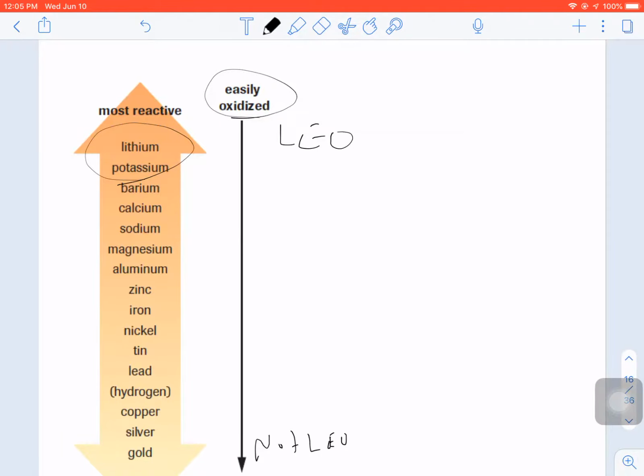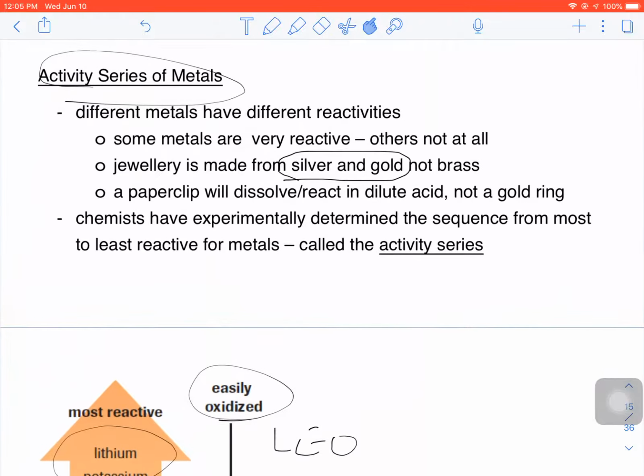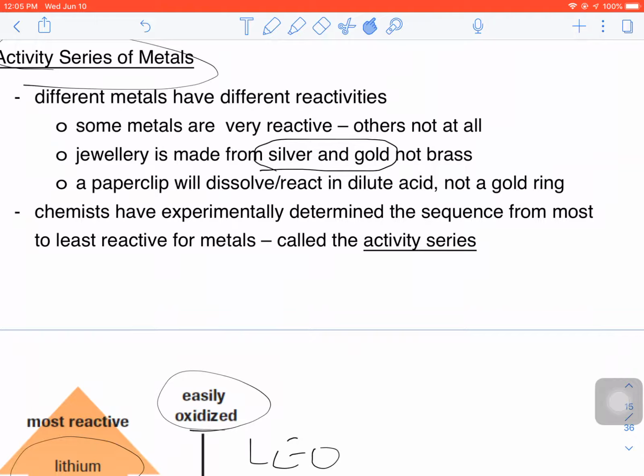So, like I said earlier, our jewelry is made from unreactive metals. If I drop elements or metals that are made out of unreactive metals into a weak acid or dilute acid, they won't react.